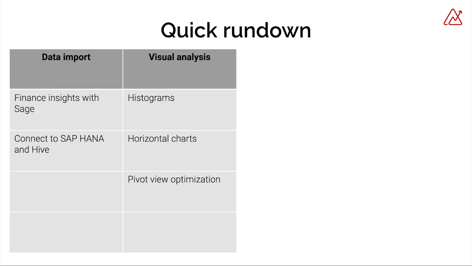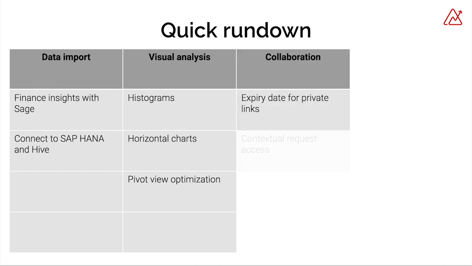We also saw how pivot views can be optimized using the show and hide column feature. For the collaboration part of it, we saw how expiry dates are useful in ensuring data security. The contextual request access makes things easier for you to grant access or ask for access for a view that's not shared with you.